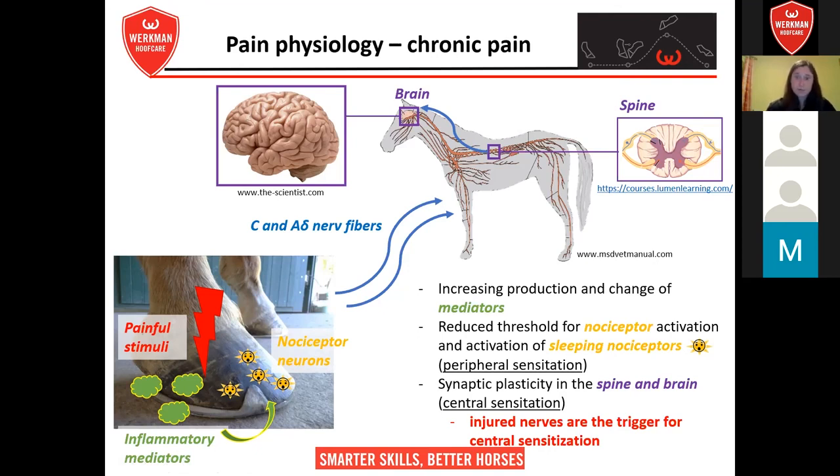And in the moment where you have an injured nerve, for example in laminitis, if you have bone loss in the distal phalanx and some nerves are damaged, this is one of the most important triggers for a sensitization of the pain system.